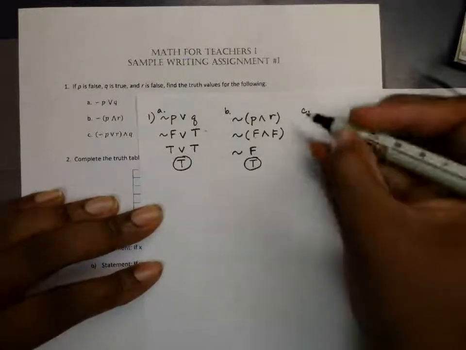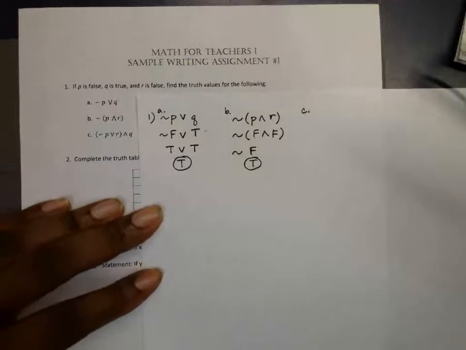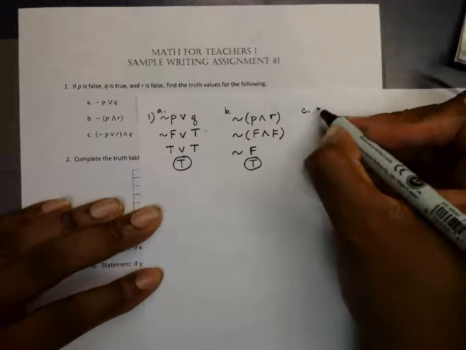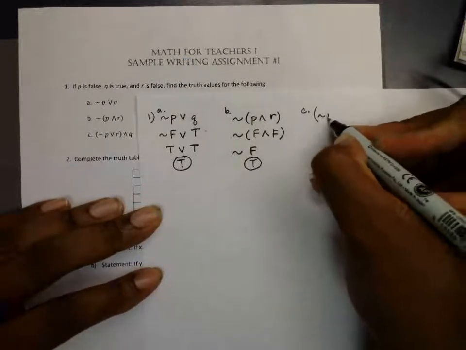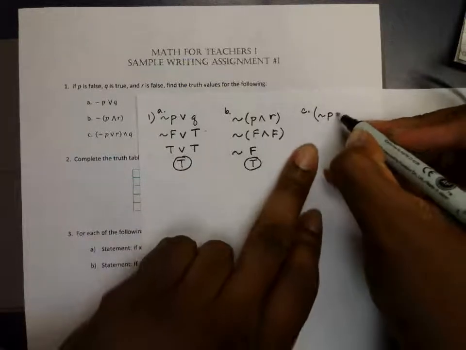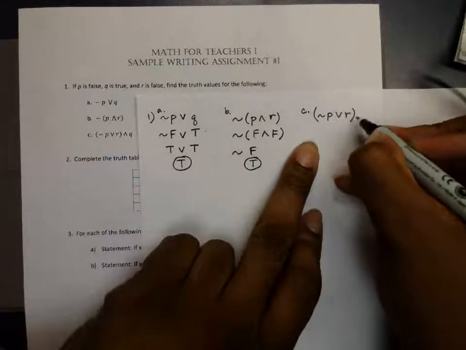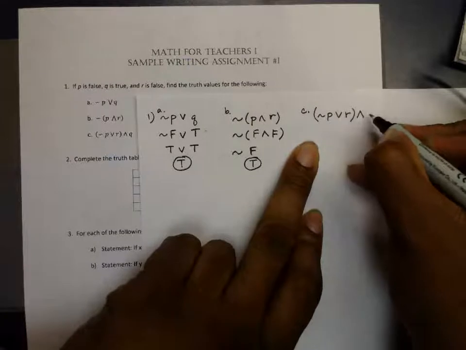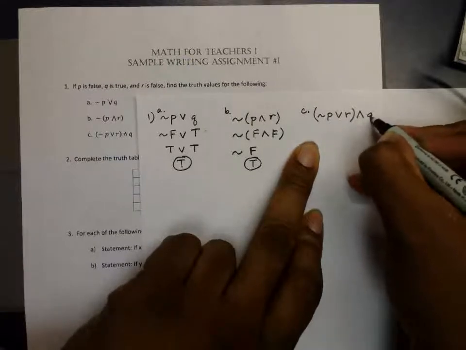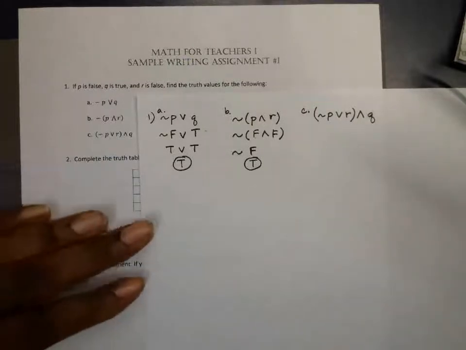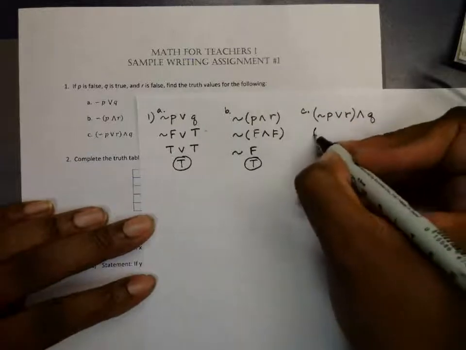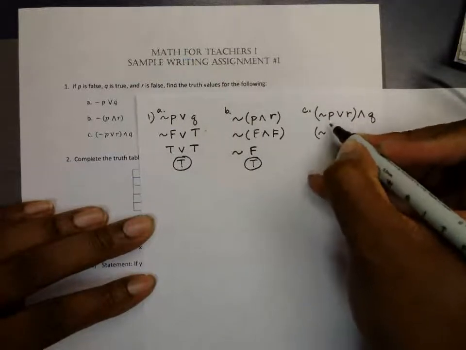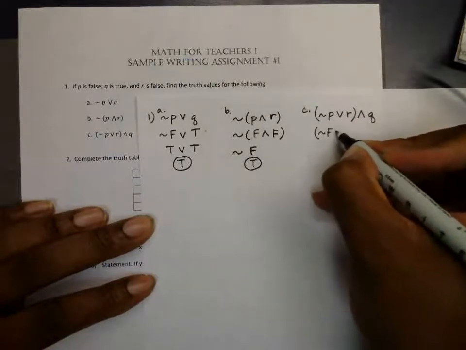All right, part C. You start with the negation of P or R, and then whatever that is, it'll be and Q. So now we got the negation of P, which is false.